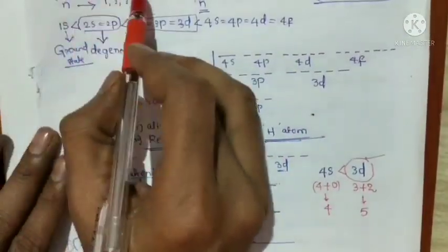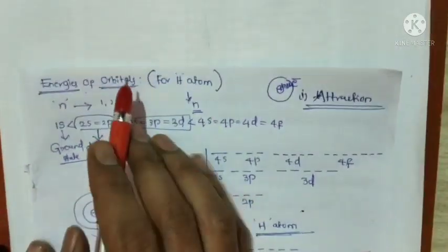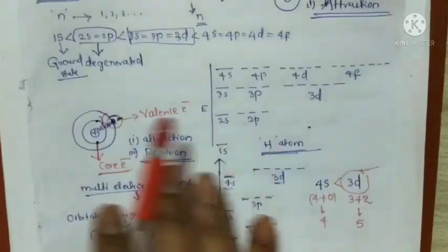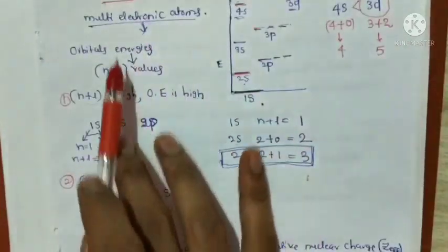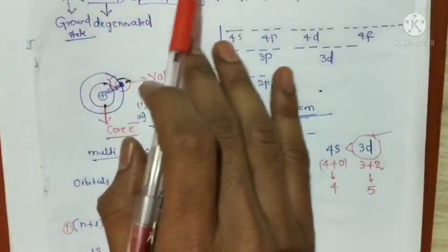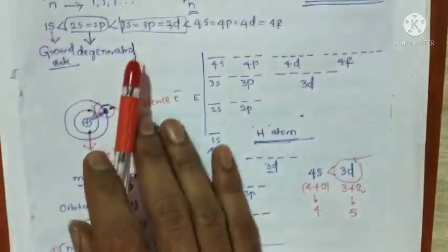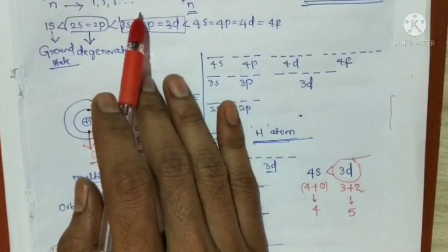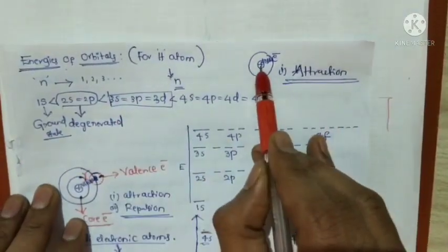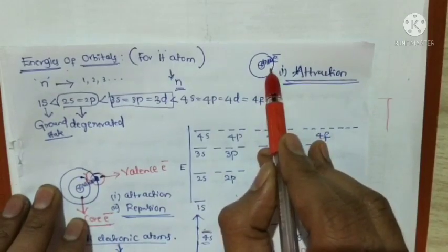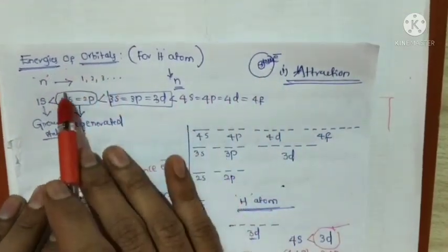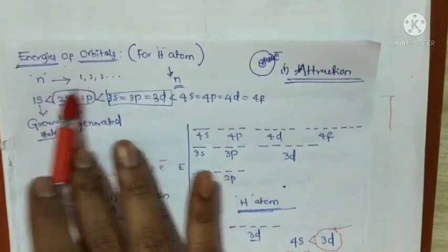So orbital energies: orbital energies for a one-electron system and orbital energies for a multi-electron system. Orbital energies for the hydrogen atom depend only on the principal quantum number, because only attraction forces between the nucleus and electron are there. So orbital energy depends only on the n value.